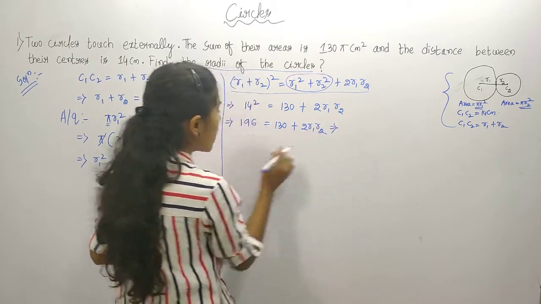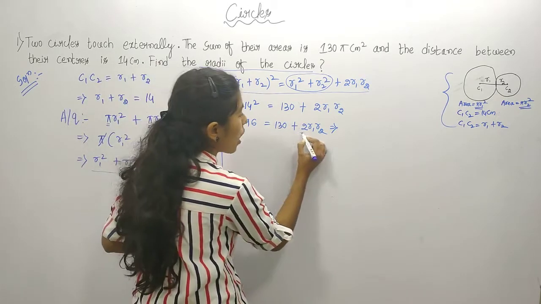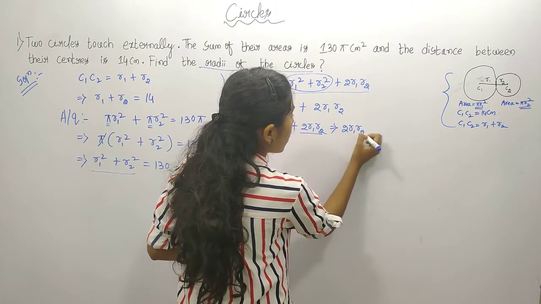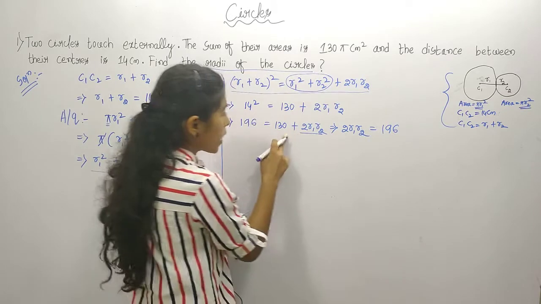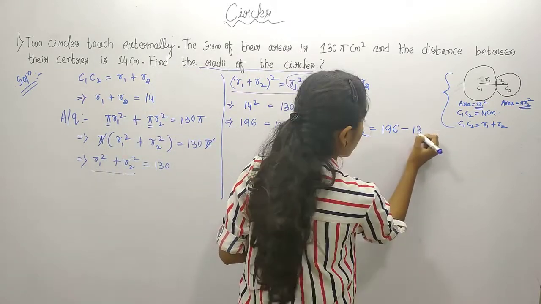So that implies, here you see this is a constant term, this is also a constant term. So we have to find 2 r1 r2. So 2 r1 r2 equals 196 minus 130, bringing it to the left hand side it becomes minus 130.